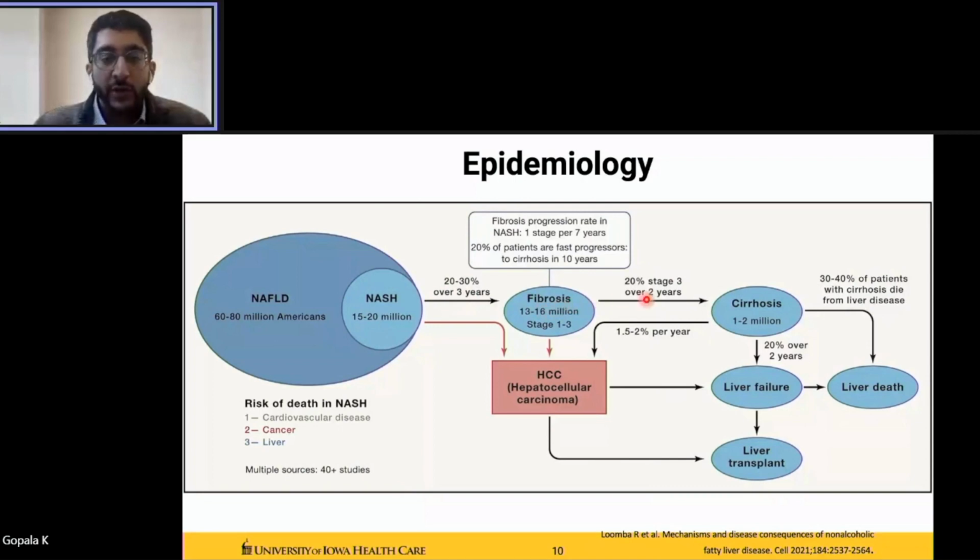And those patients can progress to having cirrhosis, about 1 to 2 million. At any point, they can progress to liver failure, which would require liver transplantation. But I want to focus also on that people without fibrosis or minimal fibrosis can progress to hepatocellular carcinoma, which I will cover in later slides.